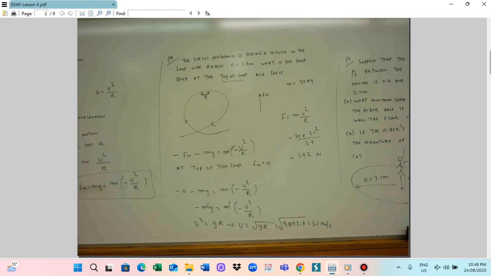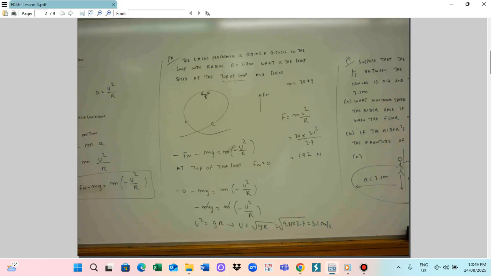Fn is the normal force. Any object moving opposite to gravity can be calculated, so that will be minus Fn and minus Fg, giving minus Fn minus mg equal to m into minus v squared by r.